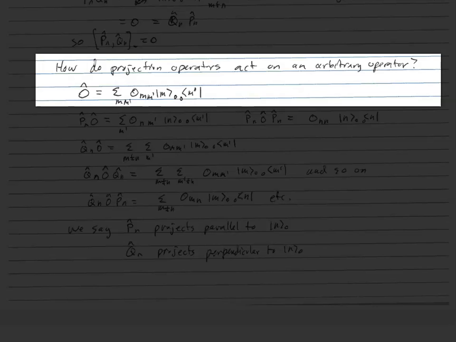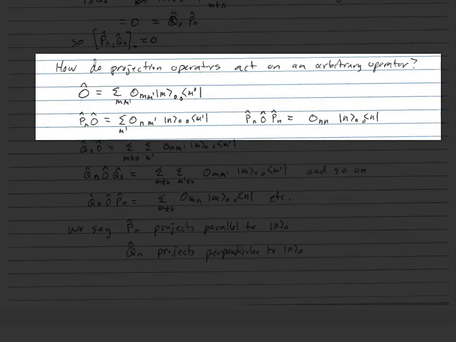If you like, O_{mm'} is the matrix associated with the operator. And that set of numbers in that particular basis actually can be used to define the operator Ô. Or I can simply take products with the basis vectors forming a matrix element, bra m0, ket m'0. And you can see the mm' matrix element of Ô would equal O_{mm'}, which is those set of numbers.